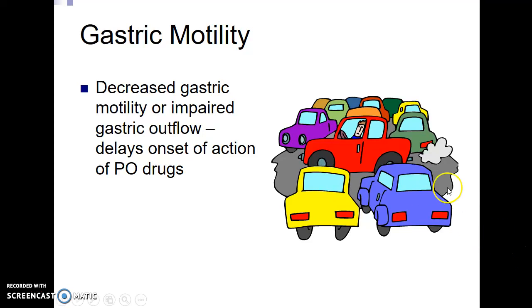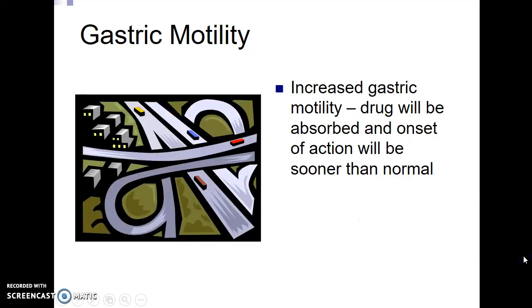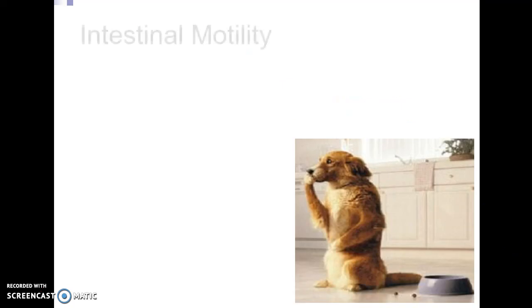And so we need to get through the stomach to get there. So this is just saying the increase in gastric motility will allow the drug to get where it needs to go and be absorbed faster.